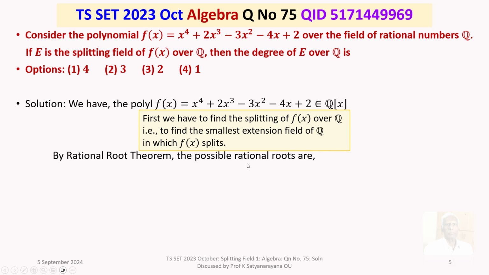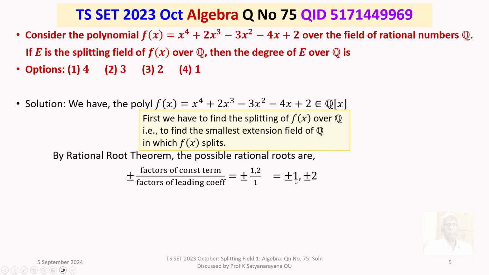By this theorem, the possible rational roots are plus or minus factors of the constant term, that is 2, divided by the factors of the leading coefficient, that is the coefficient of x to the power of 4, that is 1. The factors of the constant term 2 are 1, 2. The factor of the leading coefficient 1 is 1 only. So this will be plus or minus 1, plus or minus 2.